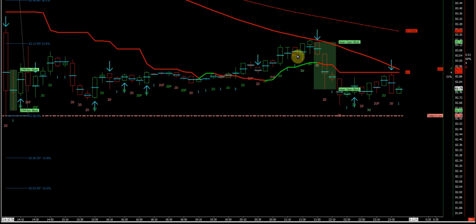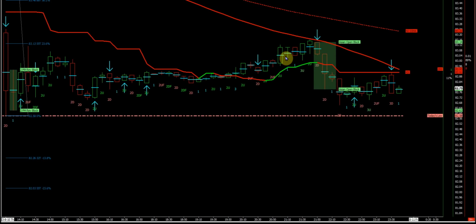So, a 2-bar, either an up or a down. A 2-bar is one that breaks the top or the bottom, but not both, of a previous candle. So this would be a 3 because it's broken the top and the bottom of this one. This one's a 2. It didn't break the bottom, but it broke the top, right?